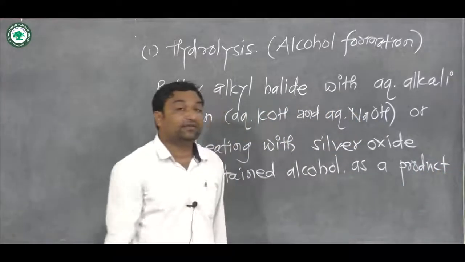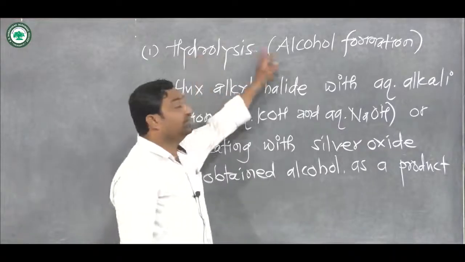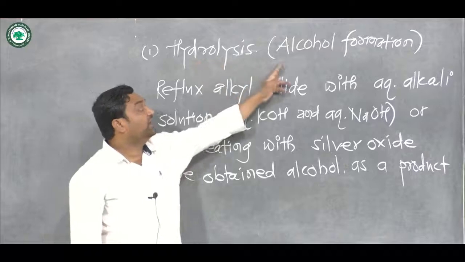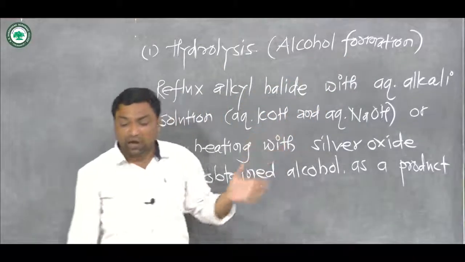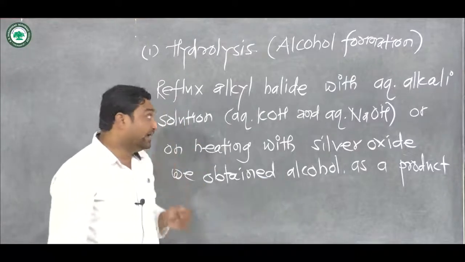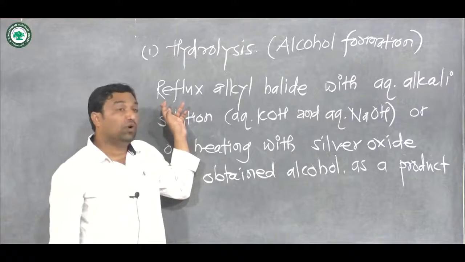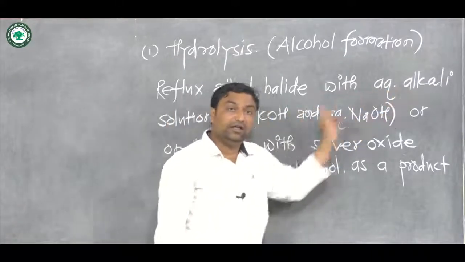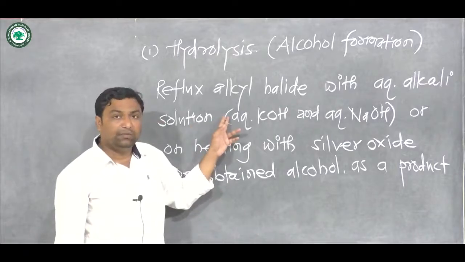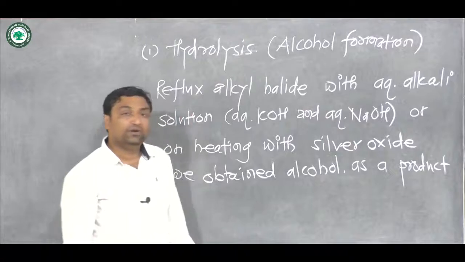The first reaction of this chapter is hydrolysis. This hydrolysis is further called alcohol formation, in which we prepare alcohol. When alkyl halide is refluxed with alkali solution, we may use aqueous KOH or aqueous NaOH.